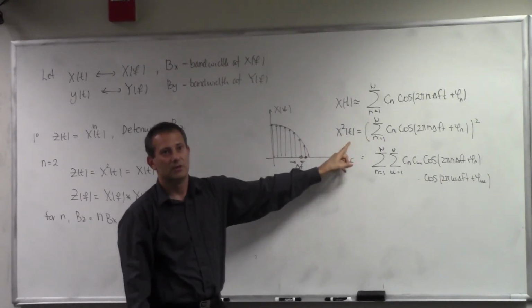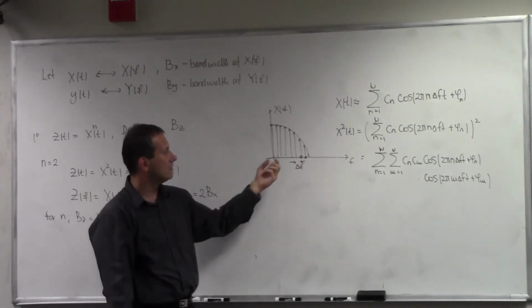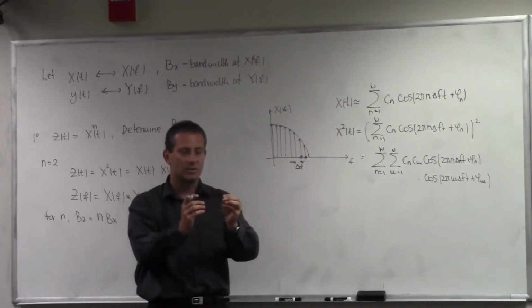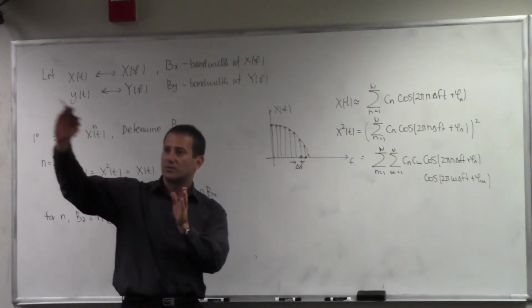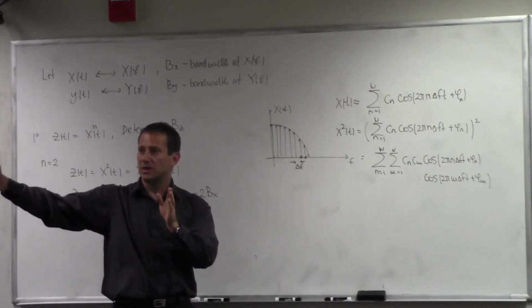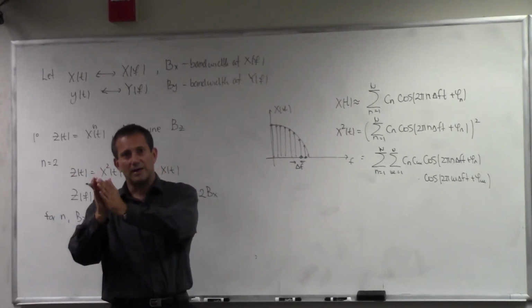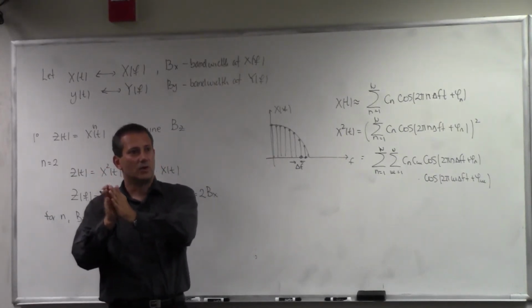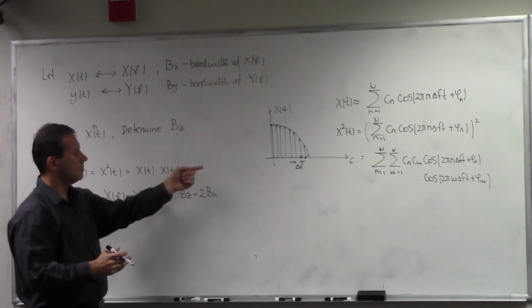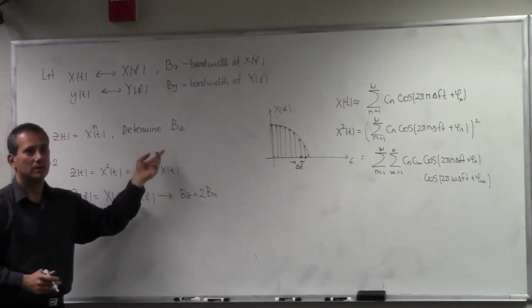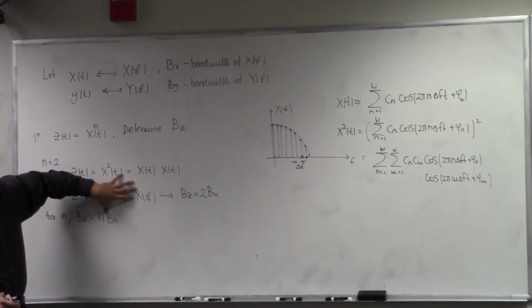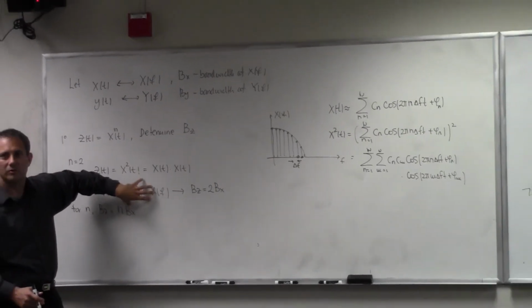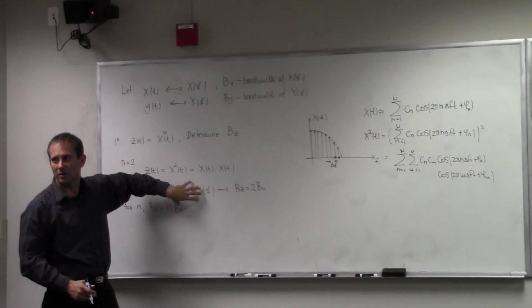Do you follow? So physically, that's what's happening. You have this mixture of all of these components, and they're going to generate all of their sums and differences. The one that is furthest to the right is going to be the sum attributed to the highest frequency component. So x squared is going to have a bandwidth of 2 times b, 2 times bx. Mathematically you can prove it like this, but this is not the most intuitive way to understand it.